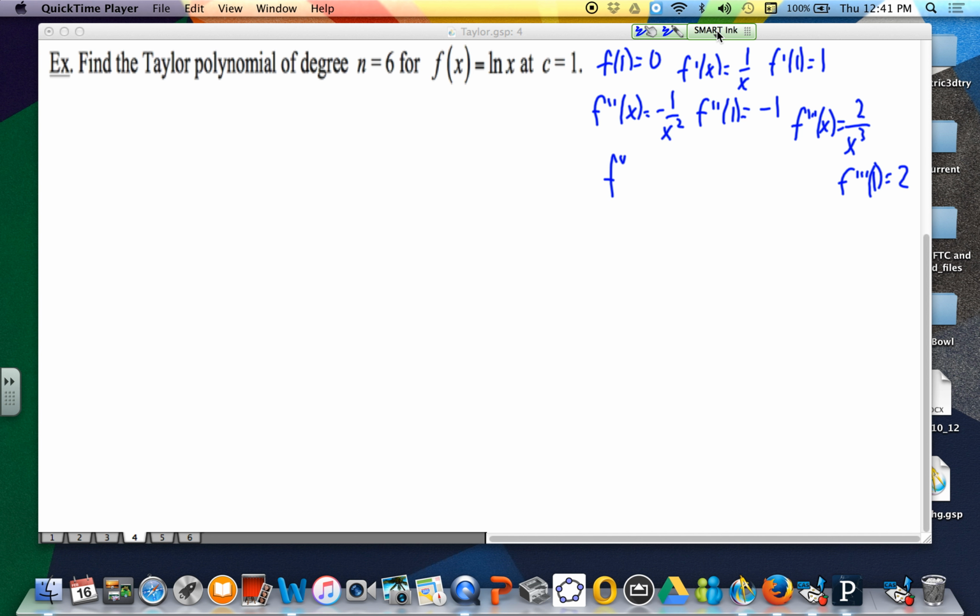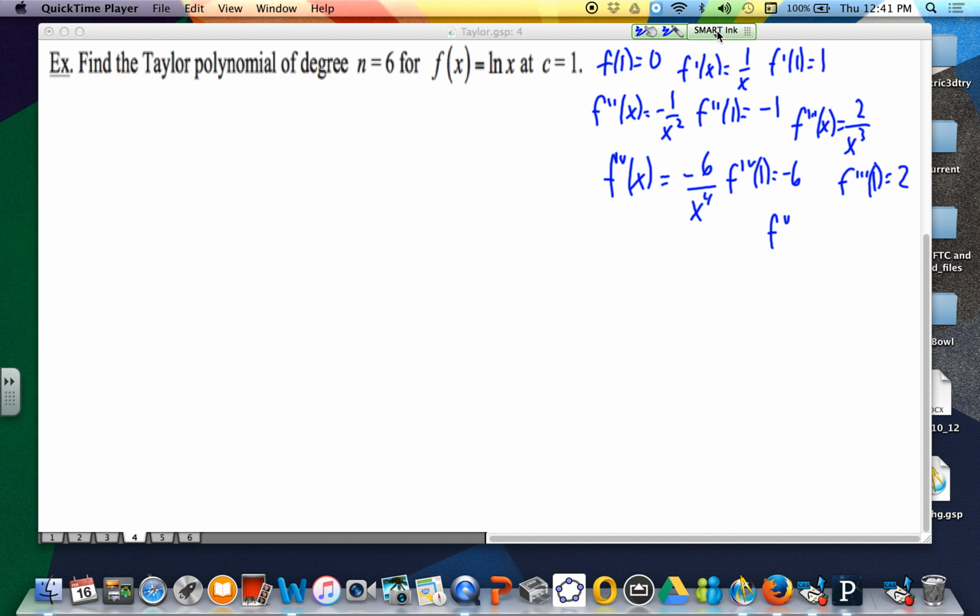The fourth derivative of my function f is going to be negative 2 times 3, 6, divided by x to the 4. So the fourth derivative evaluated at 1 is going to be negative 6.